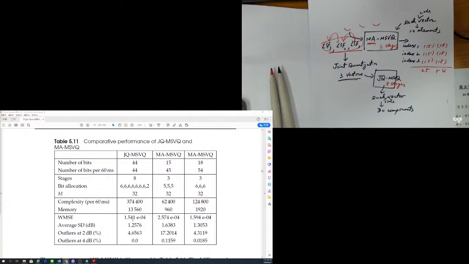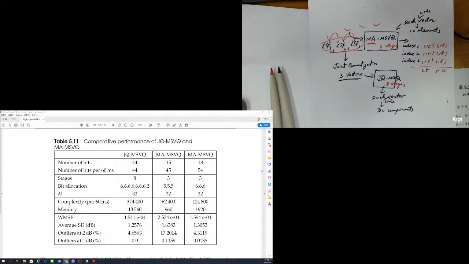However, you can see the performance. The spectrum distortion is minimized, and it is close to 54 bits, with no 4 dB. So it looks like you pay a lot of computation complexity.